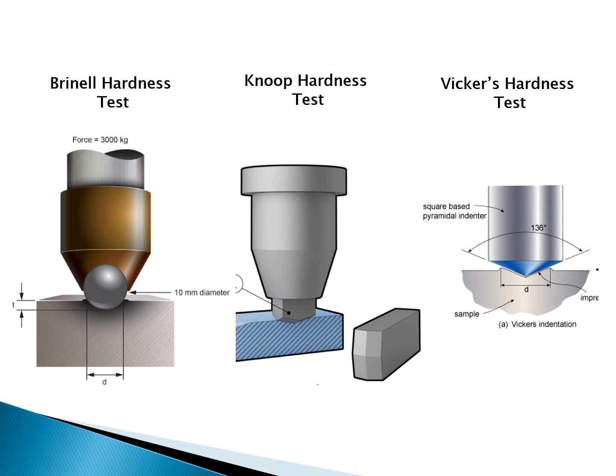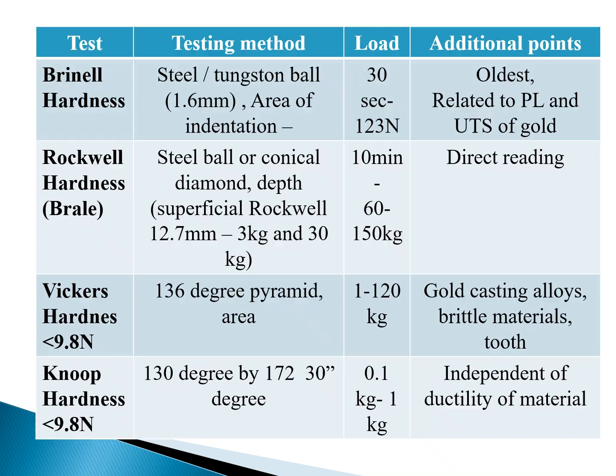Though the indenter is different, the method by which the testing is done is almost the same, where a force is applied and the indenter creates an indentation on the surface. We can calculate either the length and width of this indentation, or the diameter of the indentation if it is a circular indenter, to arrive at a hardness number.